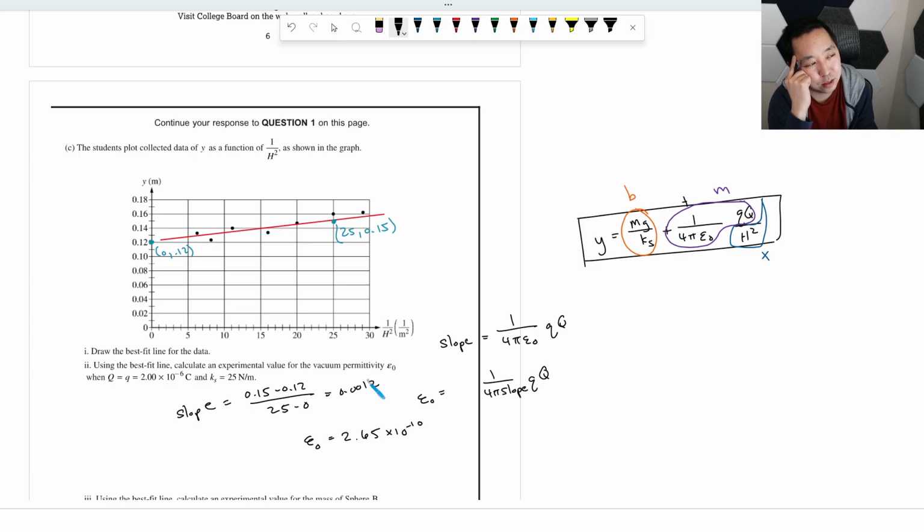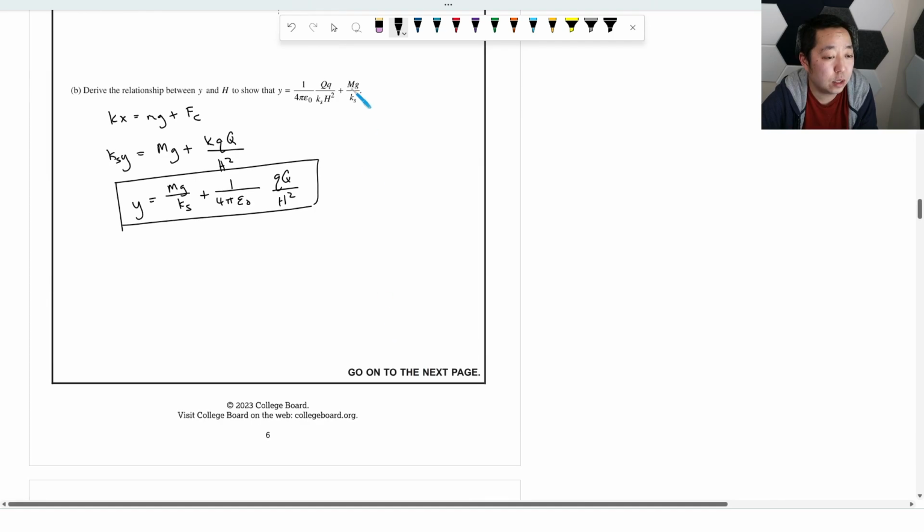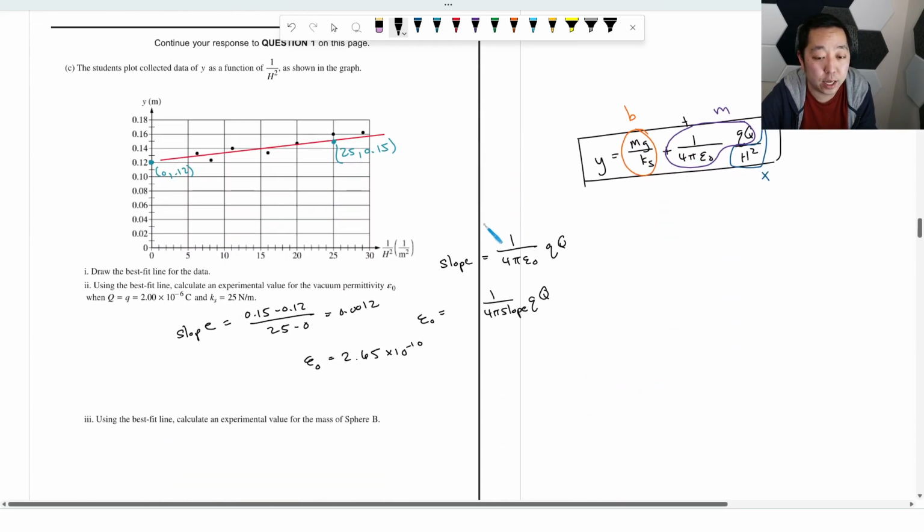I'm off by a factor of like 20 or something. Yeah, I'm off by a lot. Why am I off by so much? That's going to bother me. Let's see, do I have it right? I didn't write the Ks. Okay, the Ks is there because I divided by the Ks. So I had to put Ks over here. Okay, that makes more sense.